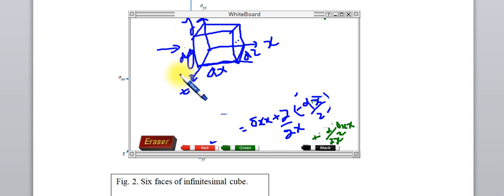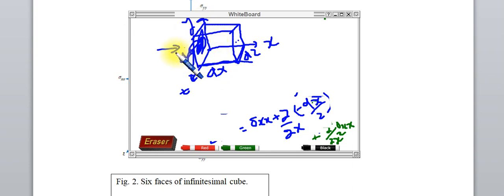Okay, so now look at this area. I have to share this with some other color. So this area is made of this one and this one.